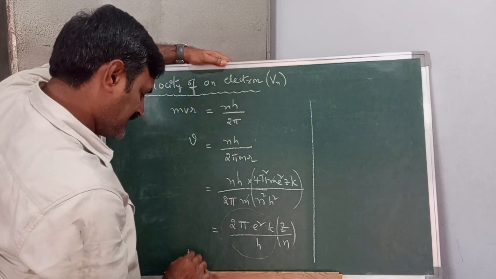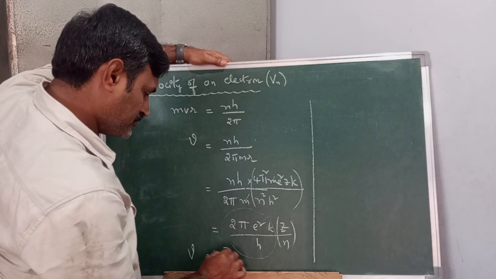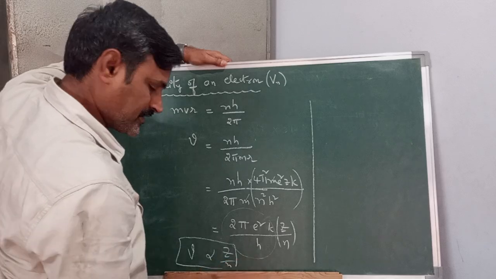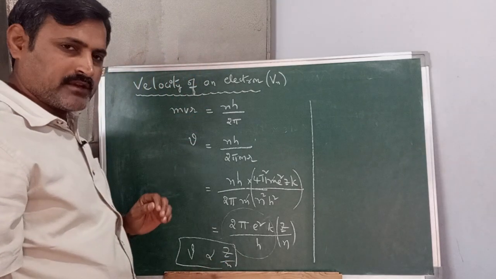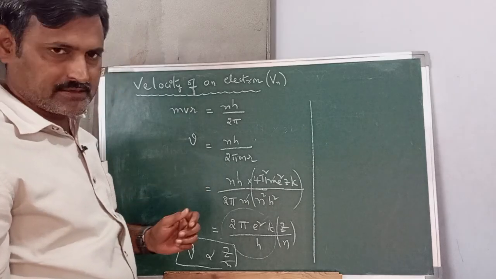If you would like to write the velocity relation with z and n, v is proportional to z by n, which is also one of the relations useful in finding the ratio of different velocities of electron.